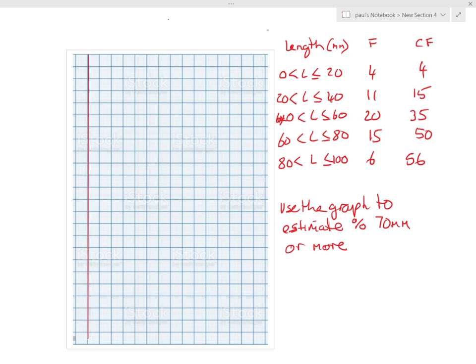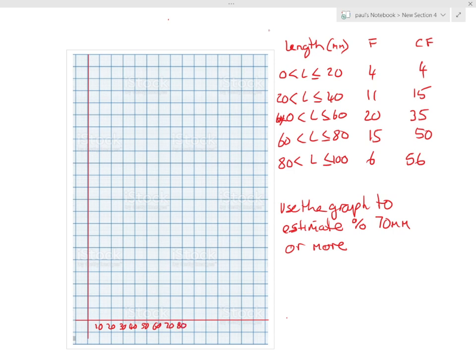Right, so now we can start to draw the scales. And when you have all of these group data, don't worry about the scale at the bottom. Just put whole numbers in. Don't try and put different groups. So 30, 40, 50, 60, 70, 80.